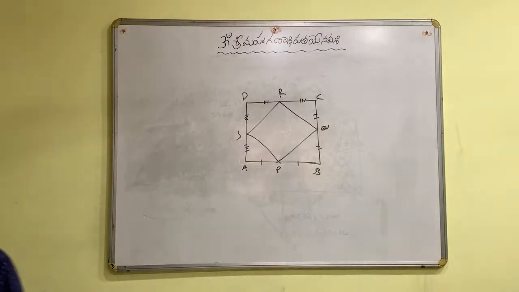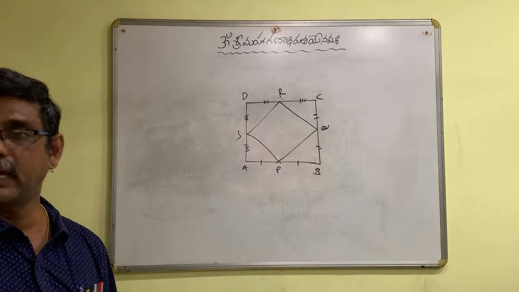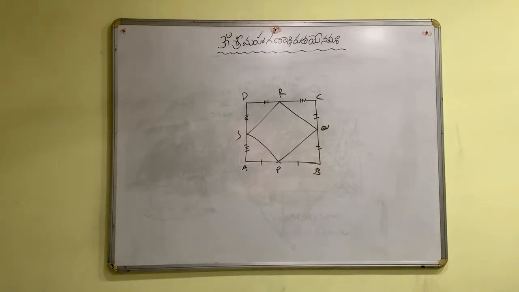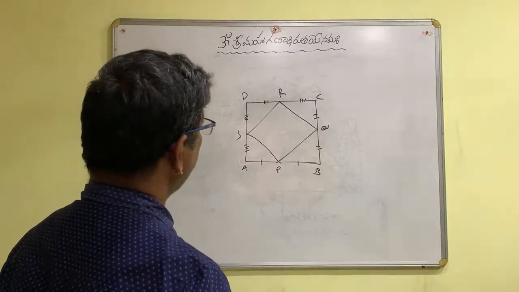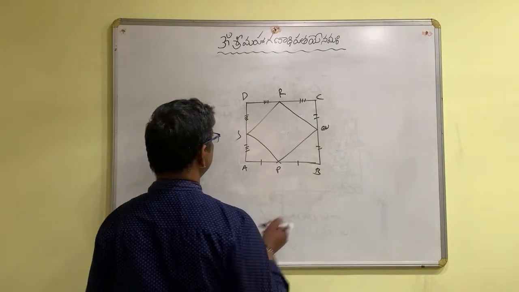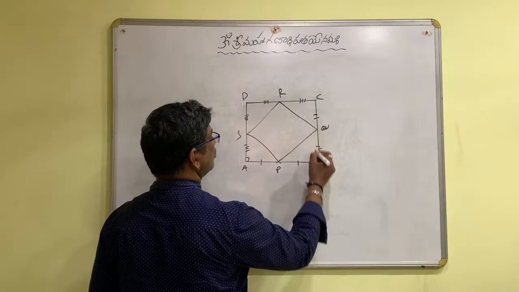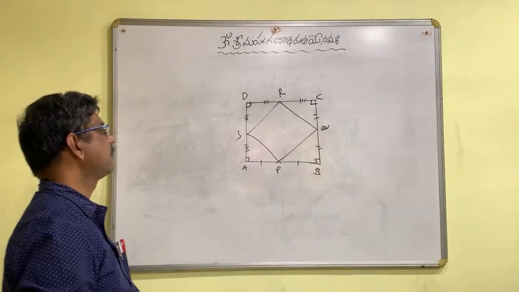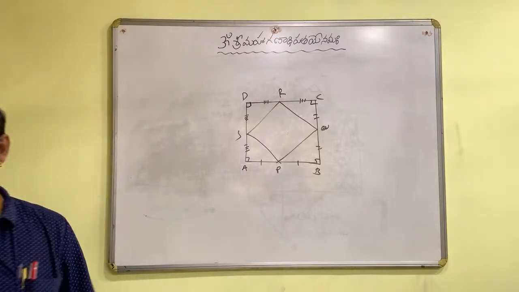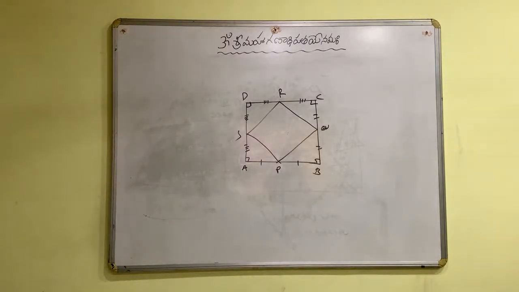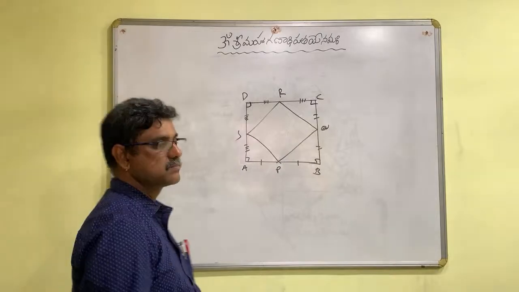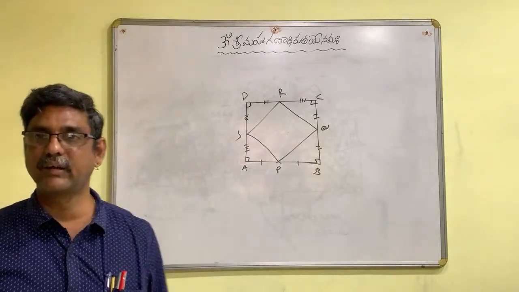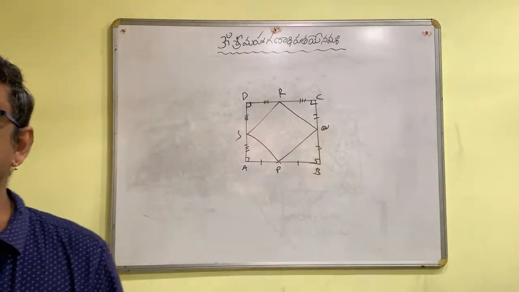What is PQRS? Square. Everyone is saying square. ABCD is a square.